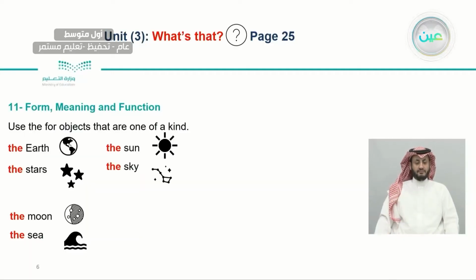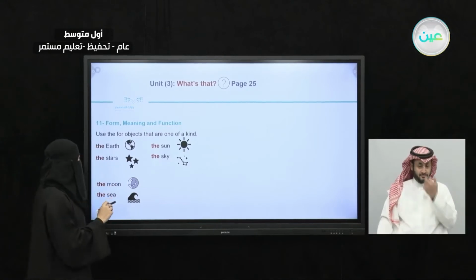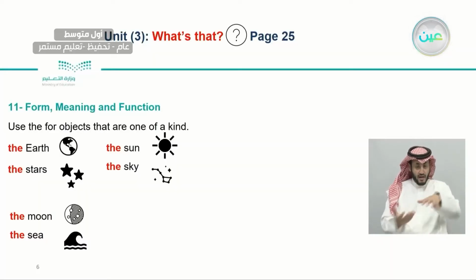Let's go to the next part of how we use the article the. Use the for objects that are one of a kind. What does that mean? One of a kind. Let's look and see. The earth, the stars, the sun, the sky, the moon, the sea.